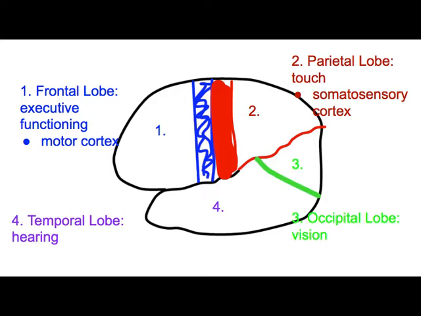Okay, so let's do this together. What's the front of the classroom? Frontal lobe. And what does the frontal lobe do? Executive functioning. The ceiling is the parietal. You'll recognize it, right? The parietal lobe, and I can't touch the ceiling.